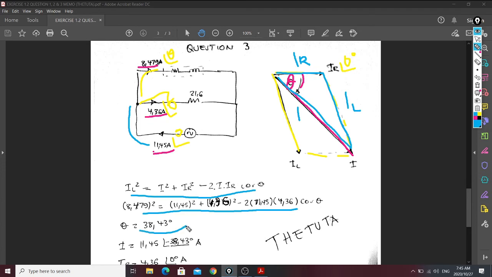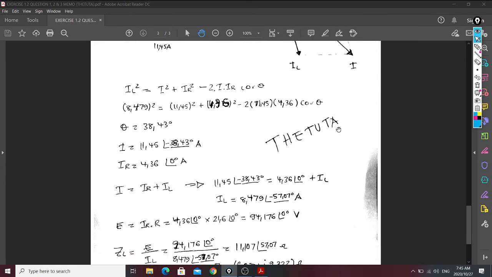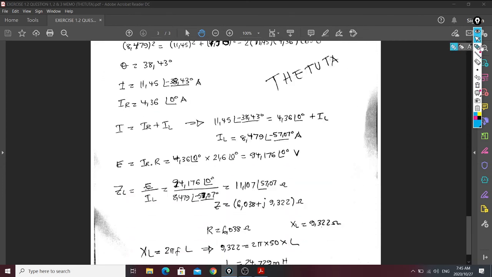But remember, since our circuit is inductive, the current is going to lag, therefore it takes a negative angle because it's lagging. So after determining the angles of those two currents, now we can apply our junction rule to determine the coil current with an angle.